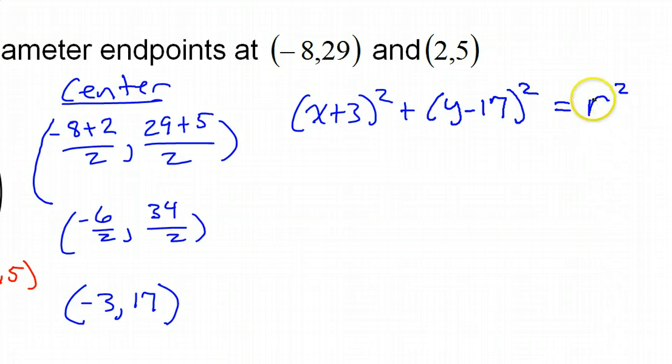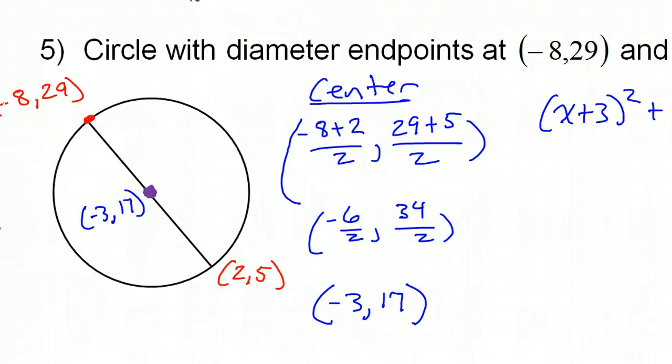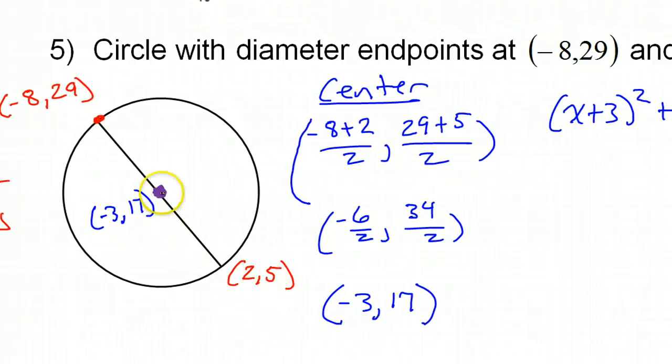Because this should be the radius squared. So let's find the radius now. Now if I were you, I wouldn't find the radius using this point that we just found, because if we made a mistake, then that's just going to make us get both things wrong. So instead, I'm going to use the diameter, because that was given, so I know that's right.